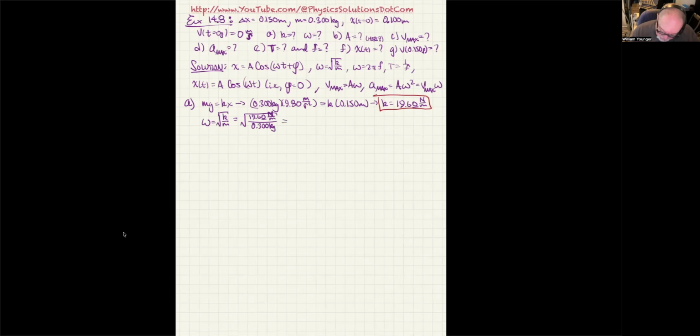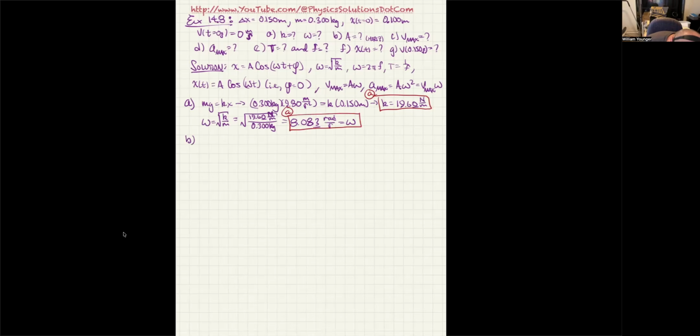So I'm going to take 19.6 and divide it by 0.3. That gives me 65.33. I'm going to take the square root of that, which gives me 8.08. Again, carrying one extra digit, that's going to be a 3 on the end, and that is radians per second equal to omega. So now we've finished part A by getting the k and the omega.